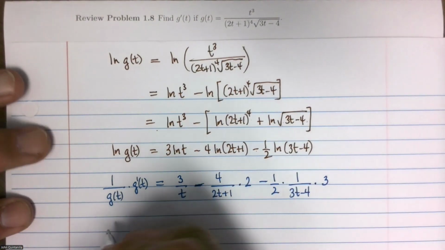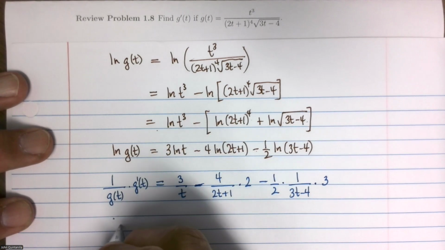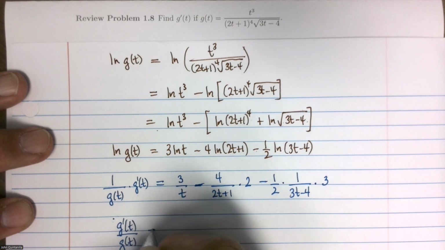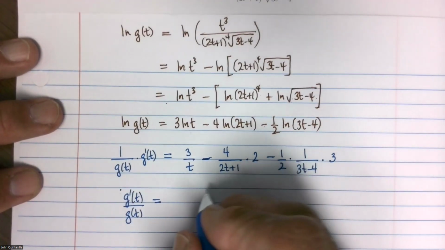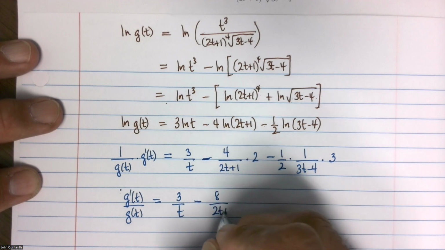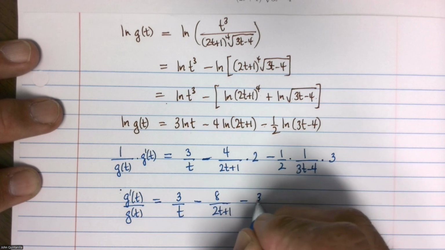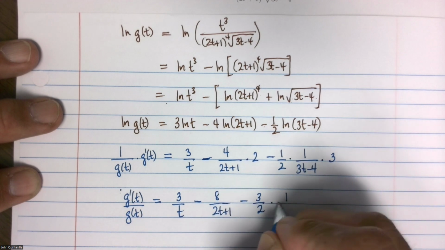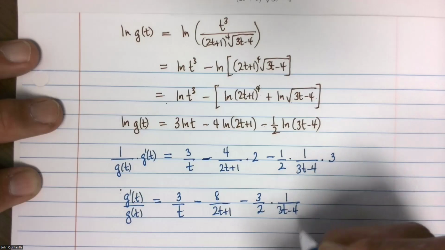And so simplifying, we get that g prime of t over g of t is equal to 3 over t minus 8 over 2t plus 1 minus 3/2 times 1 over 3t minus 4.